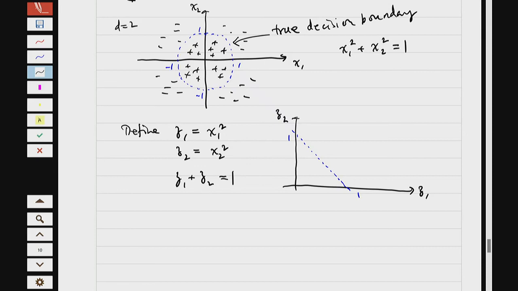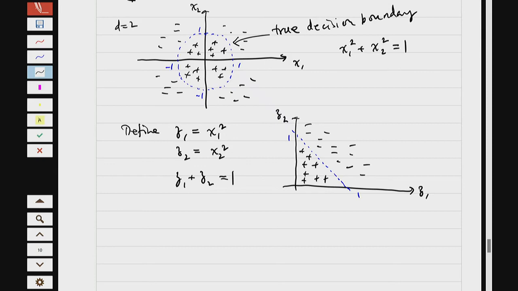Below, right? The pluses are smaller than 1, the x1 squared plus x2 squared is smaller than 1. So the pluses are all mapped here, and all of the minuses get mapped there in the Z space.